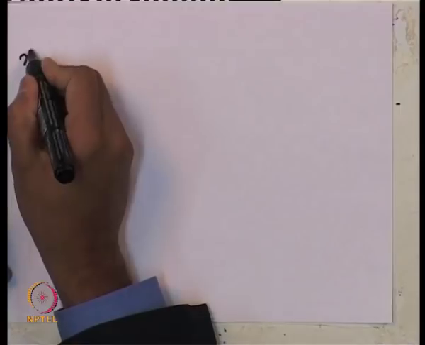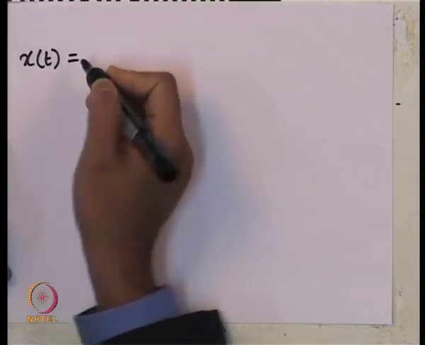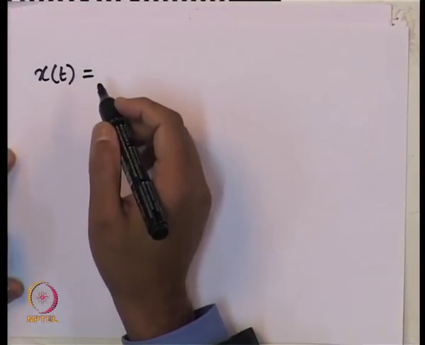What will be the form of solution? The form of solution will be x of t equals e to the power s t, that is what we had taken.